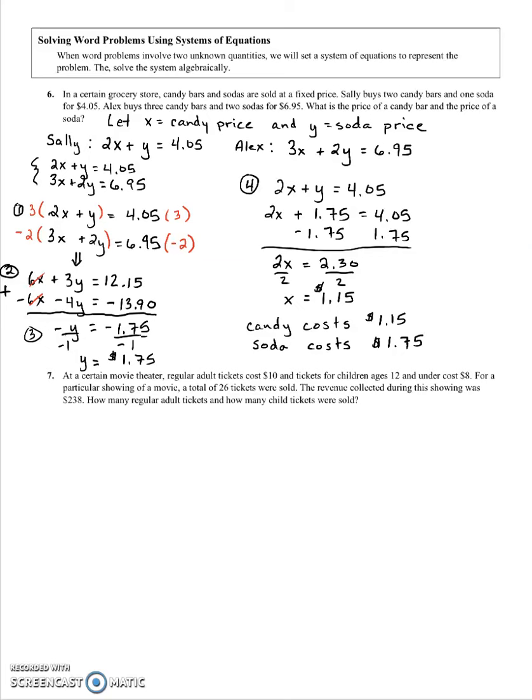So we need adult tickets and child tickets. Those are going to be our variables. So let's say x is the number of adult tickets, and y is the number of kids' tickets.